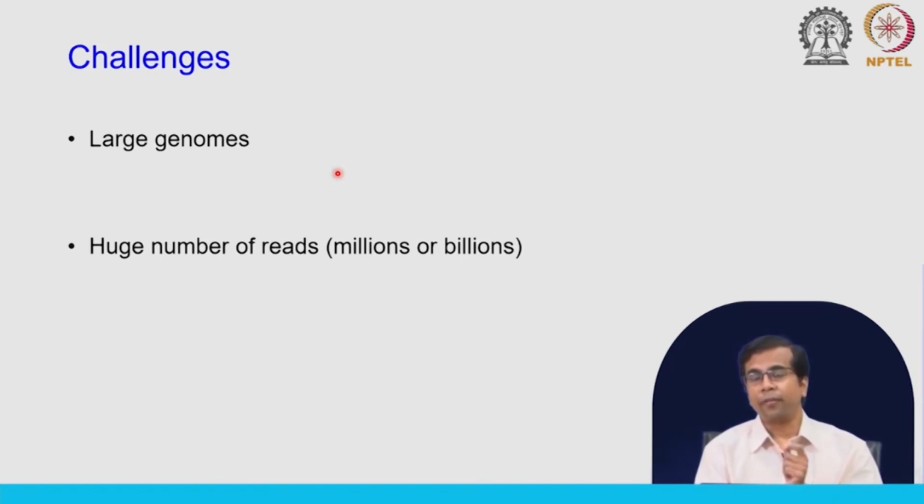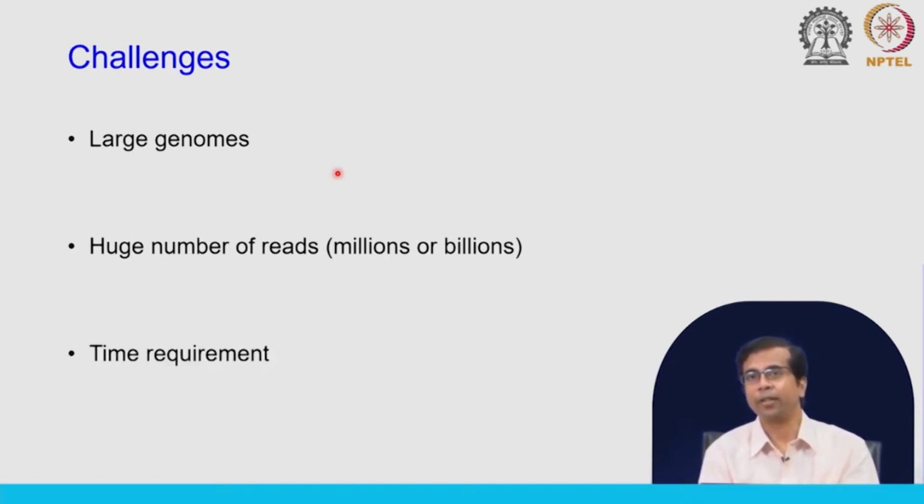If you visualize that you have to repeat this process of mapping for each of them, if you have 1 billion reads, for each of them you have to find the position in that big genome. So, on one hand you have big genomes, meaning many potential locations, and on the other hand you have a huge number of reads. If you combine them together, the problem is the time requirement.